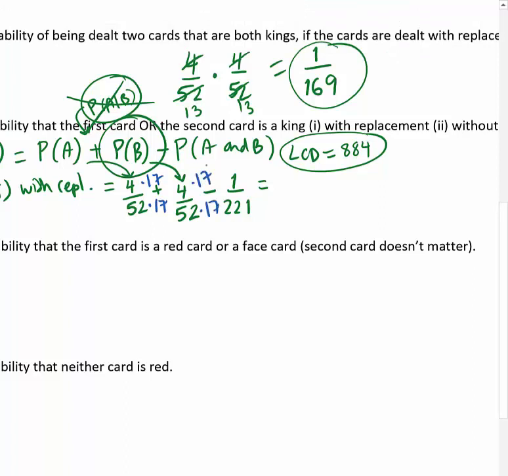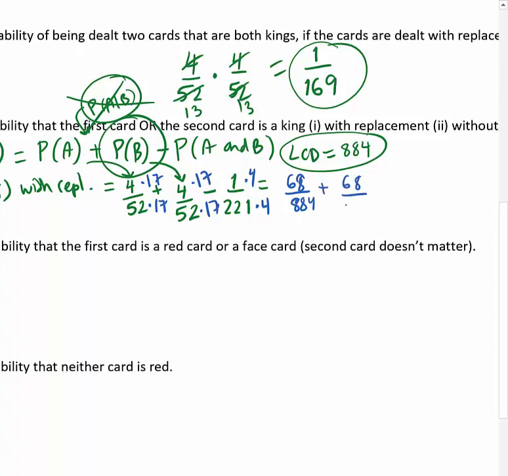And 221 needs to be multiplied by 4. Then the numerators are 4 times 17, which is 68 out of 884.